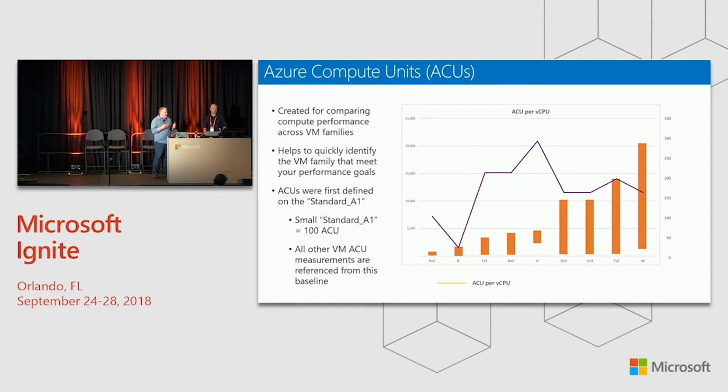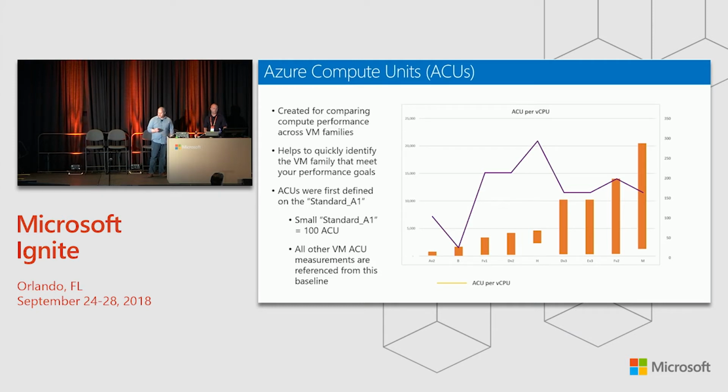If we look at how powerful each individual vCPU is, you can see that the B series is not very powerful on an individual CPU basis, but the H series and the FV2 series are very powerful from an individual vCPU basis. That's why, if you're doing a really compute-intensive workload, something that's really pushing the CPU, the H or the F series are the VMs that you'd want to run.